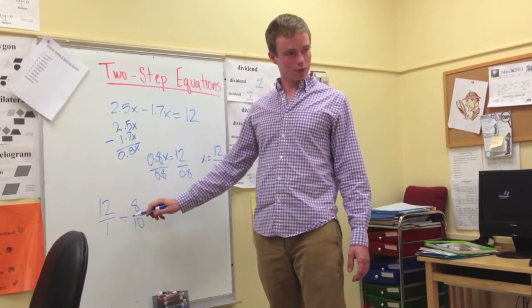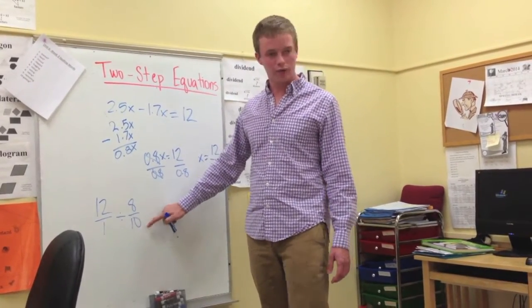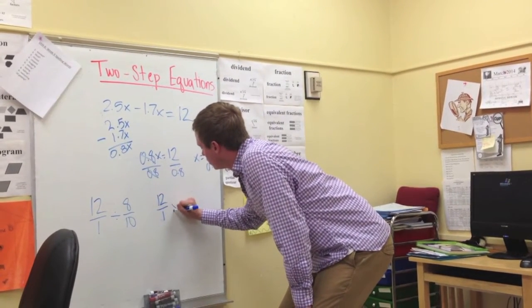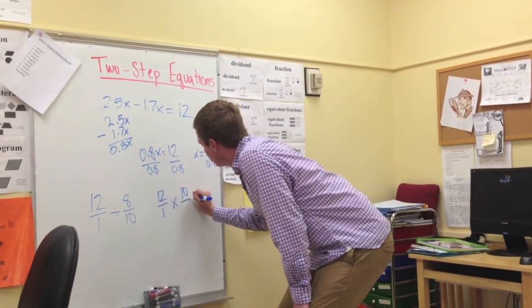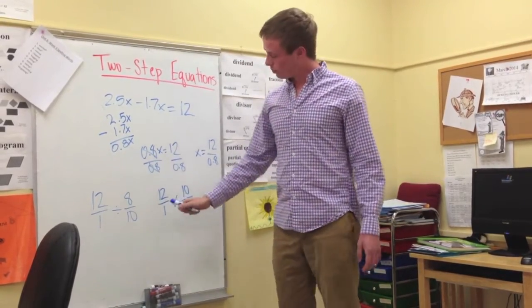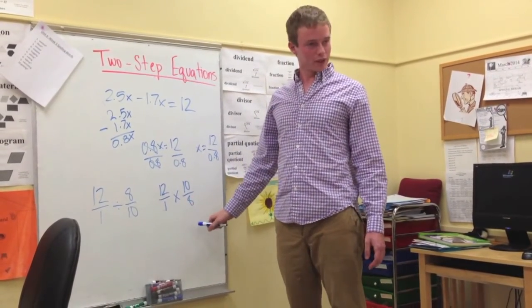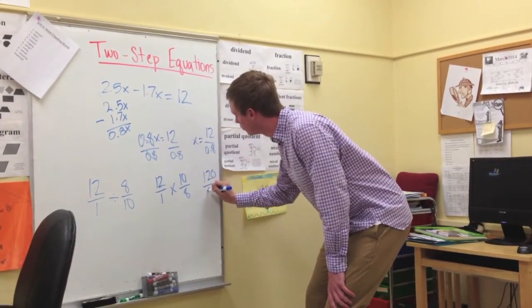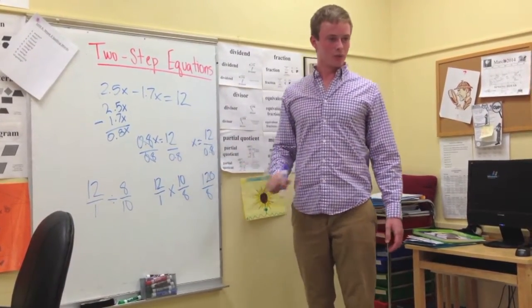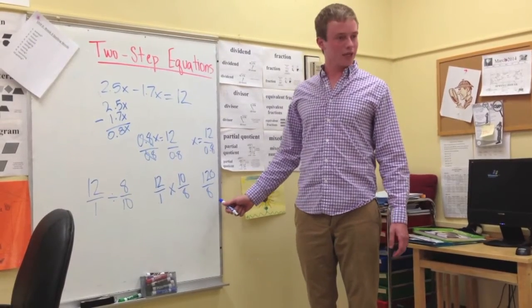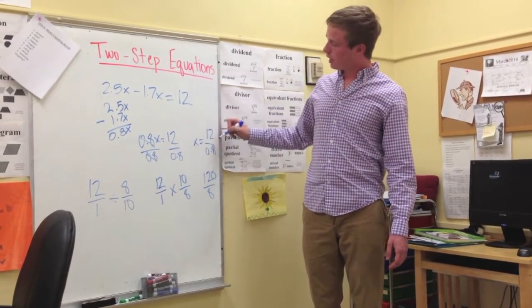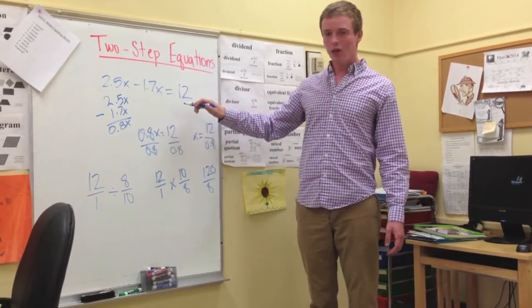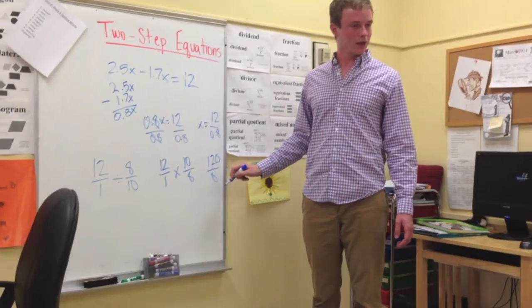So we flip this side over, which equals 12 over 1 times 10 over 8. When we multiply the numerators and the denominators, it turns into 120 over 8. And when we simplify that, it turns into 15. So by doing our steps, we solve for x. Even though this is a tougher problem, we can get x equals 15.